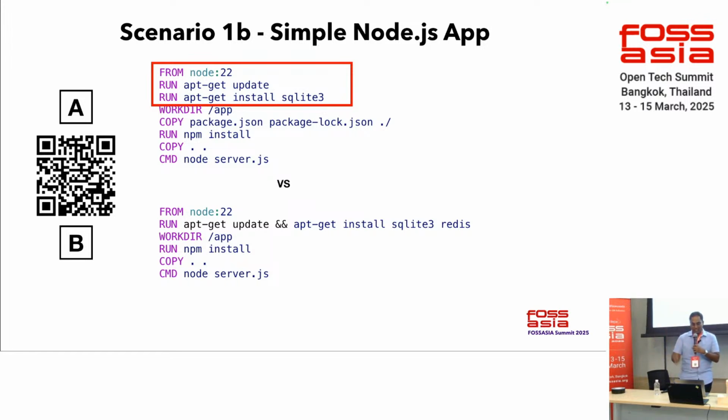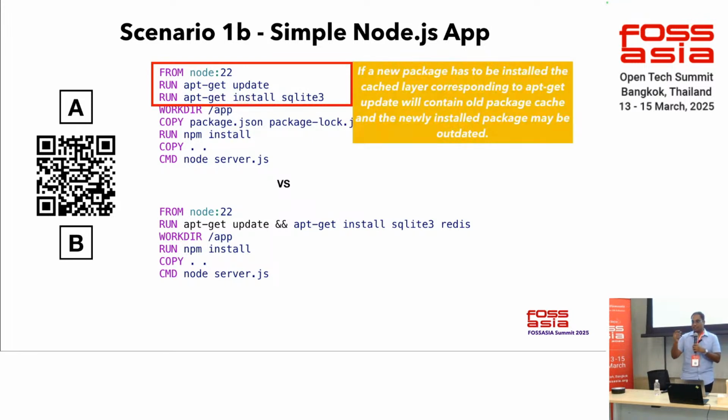There is a much more important reason why you would choose B, which I want to explain to you. Maybe there is something with image size which is probably incremental, but let's say a new package is to be installed in the cache layer corresponding to apt-get update. Then what's happening is that up to apt-get update, the lines are already cached, right?